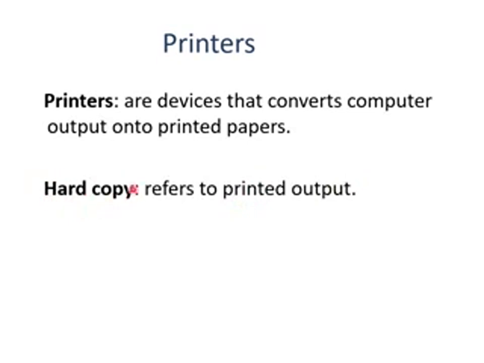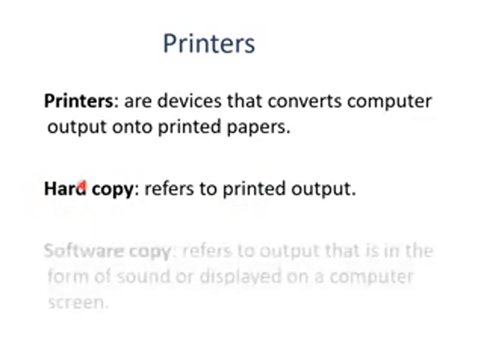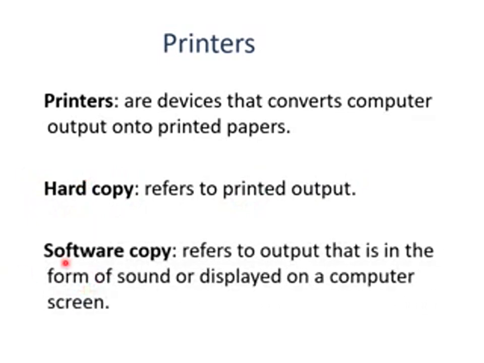If someone talks of a hard copy, he's talking of a printed document, which is the opposite of the soft copy, which refers to the output that is in the form of sound or displayed on a computer, the one that you cannot touch. Soft copy, you can only see it on the screen or hear it via the speakers.